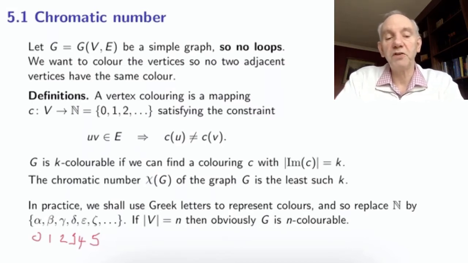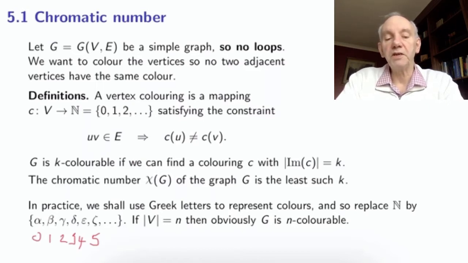Zeta, for example, is the 6th letter, but if I start from 0, that corresponds to 5. So if I'm doing things by hand, I'll use Greek letters, so as to not confuse it with numbers, because we often use numbers to label the vertices themselves.